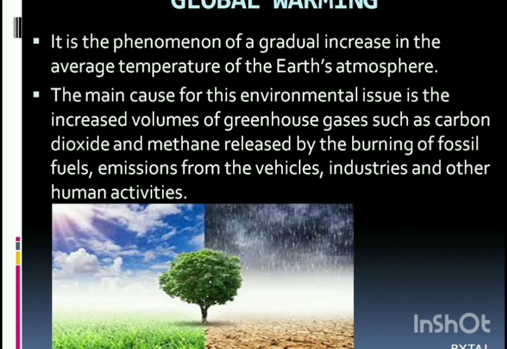In the extreme condition, that leads to global warming by gradually increasing the temperature of the earth's atmosphere. The main cause of this environmental issue is the increased volume of greenhouse gases, such as carbon dioxide and methane, released by the burning of fossil fuels, emissions from vehicles, industries, and other human activities. So this is about global warming.